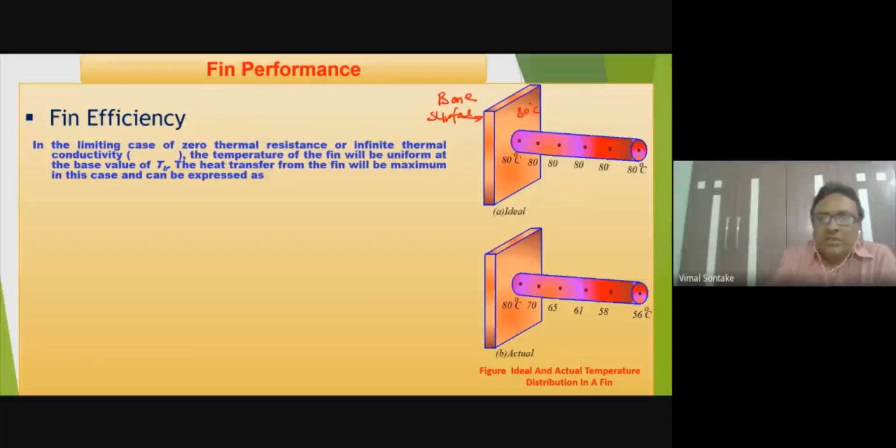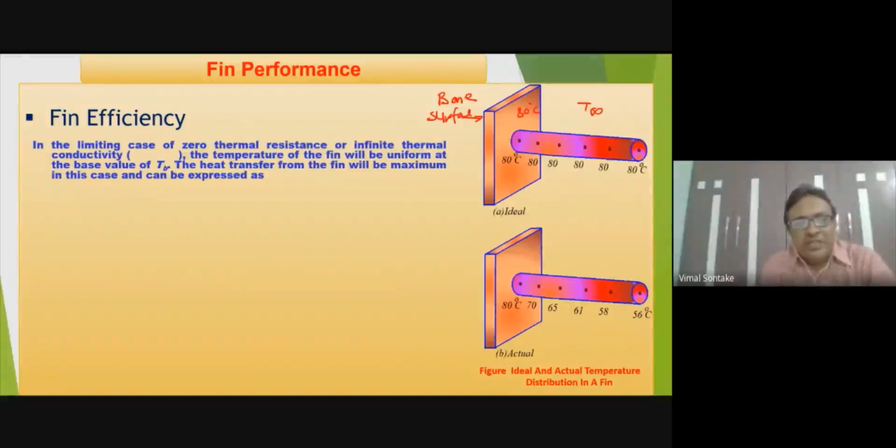Under such condition, what is happening? If this fin is exposed to the surrounding fluid T infinity, the temperature difference will be Tb minus T infinity, because the fin surface is equal to the base surface temperature in the absence of any thermal resistance or thermal contact resistance, or with infinite thermal conductivity. So this is actually the ideal condition or limiting condition.